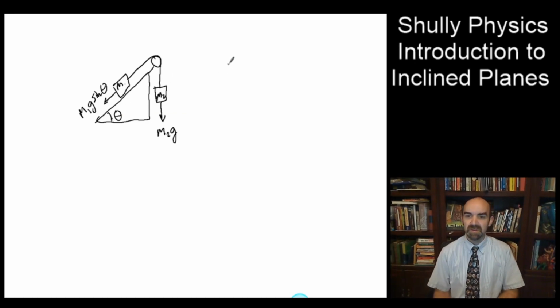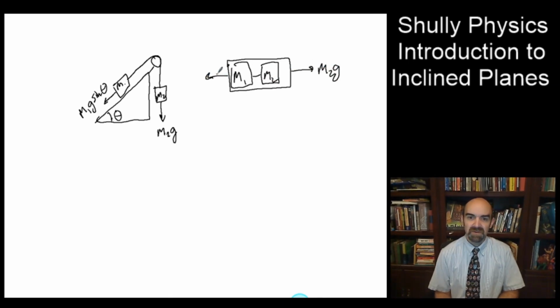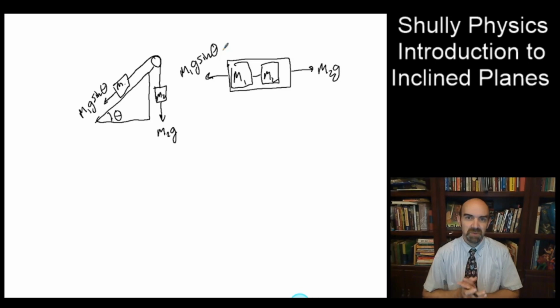Okay, so there you might get a system. If you're looking at the system model, you've got a mass 1 and a mass 2 being pulled to the right by M2 g and to the left by M1 g sine theta. So that's what you can take away from this, and I hope it's helpful.